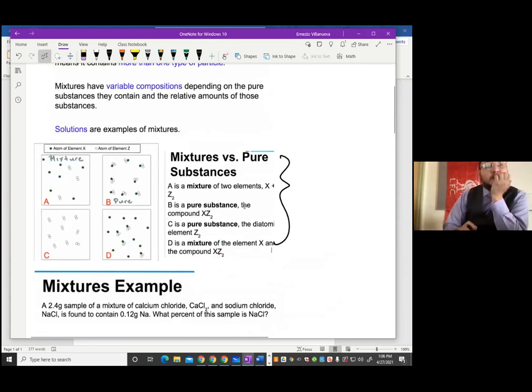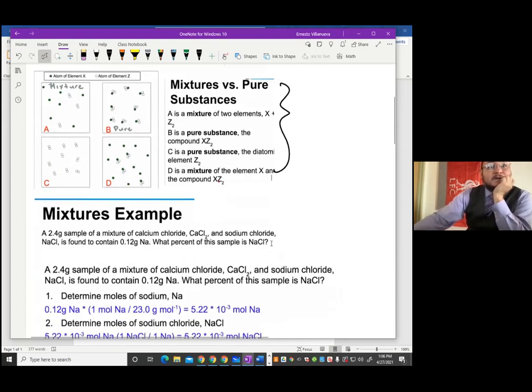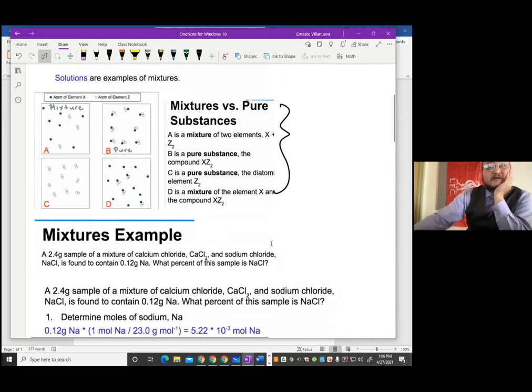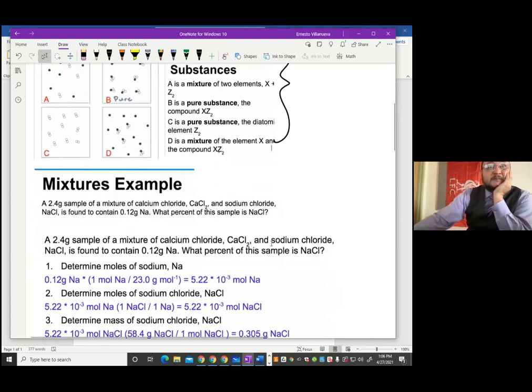So a 2.4 gram sample of a mixture of calcium chloride and sodium chloride is found to contain 0.12 grams of sodium. What percent of this sample is sodium chloride? This one is worked out for you, because this is notes. The first thing you're going to do is determine the moles of sodium.